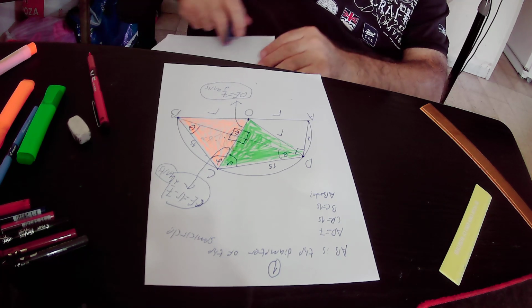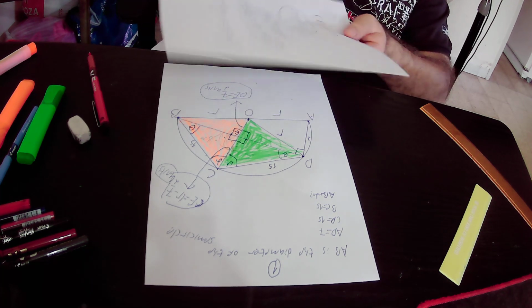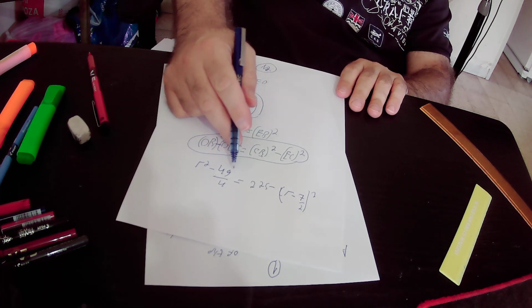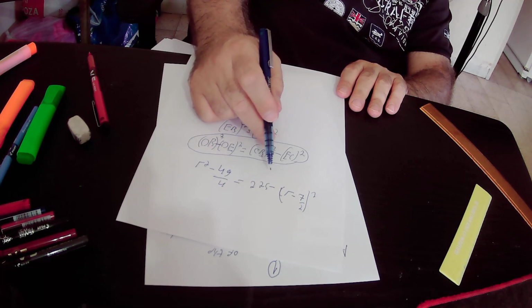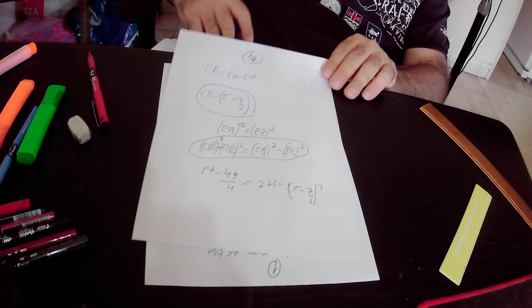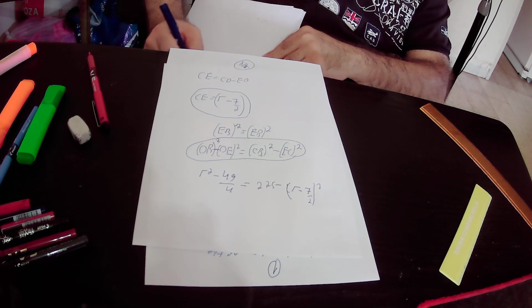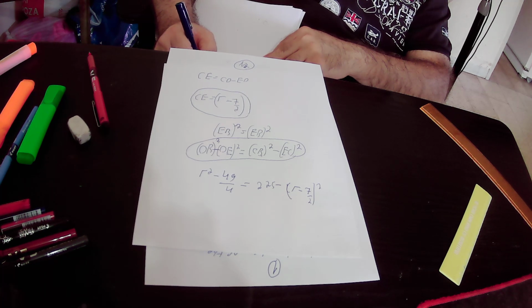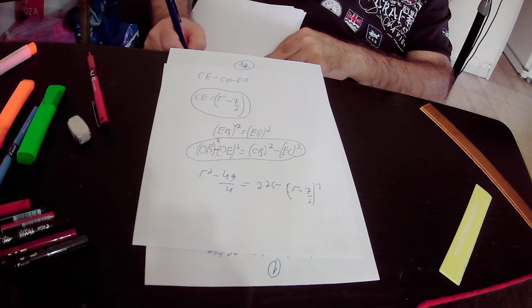Okay, so in total we got that R squared minus 49 over 4 equals 225 minus R minus 7 over 2 squared.